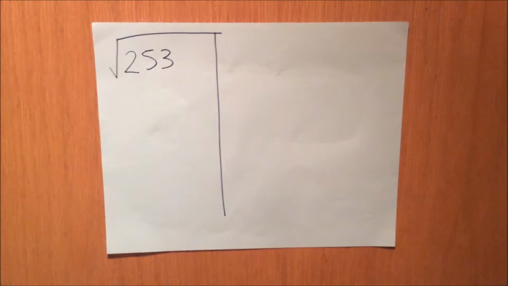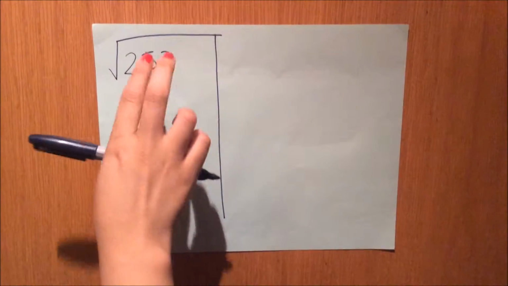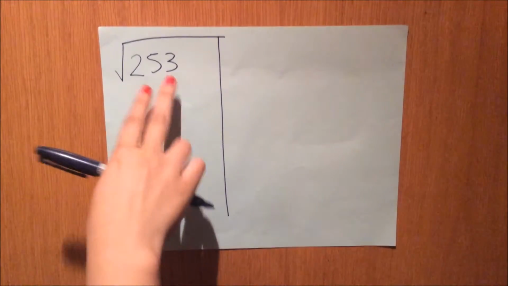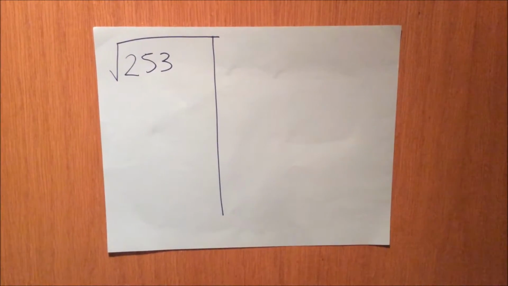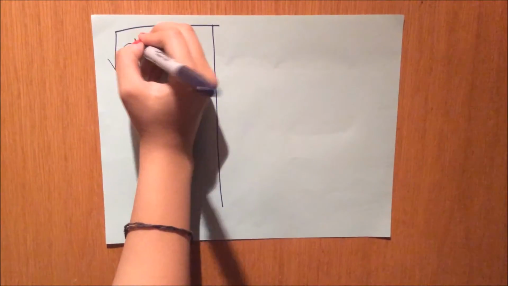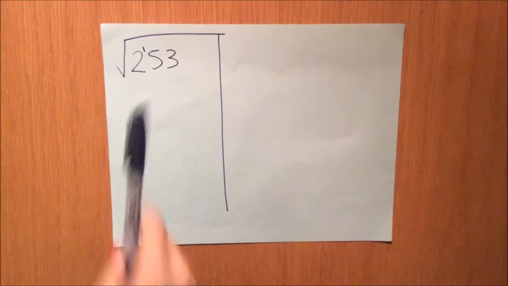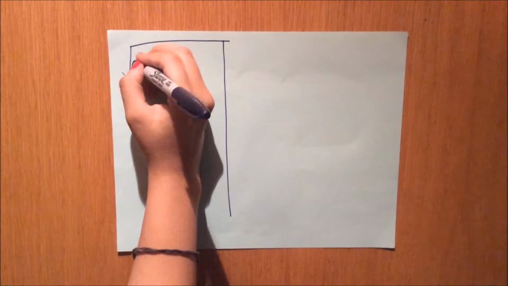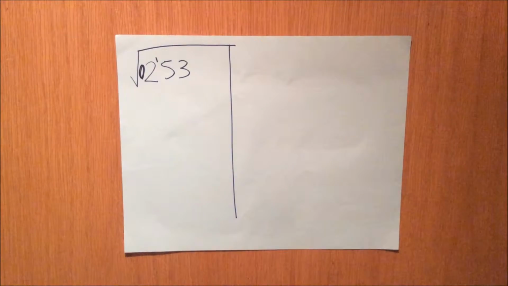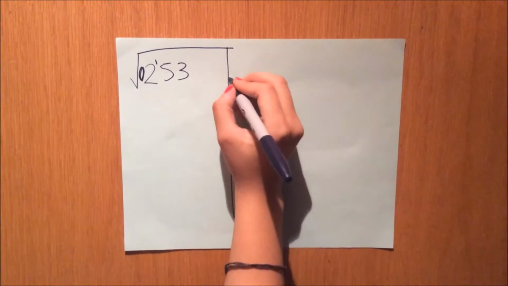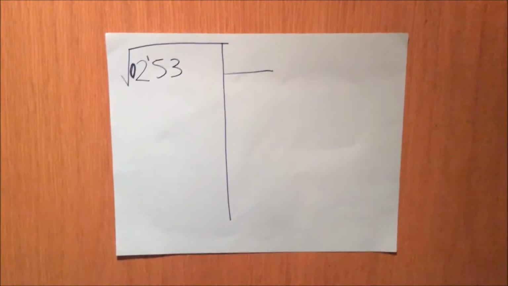So what we're going to do first is to separate the number by pairs from right to left. So we will do this here to know that they're separated right there. And here is a 0, we cannot see it, but it is there. And we will draw a line right here.